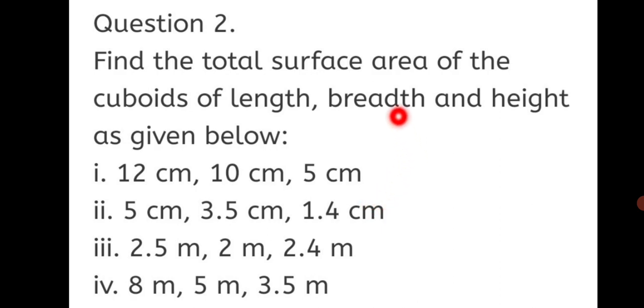And using the formula for total surface area of the cuboid, do you remember the formula? Yes, that formula we are going to use to solve question number 2. So first we will have to write what is length, breadth and height, then the formula, and substitute the values to get the answer.